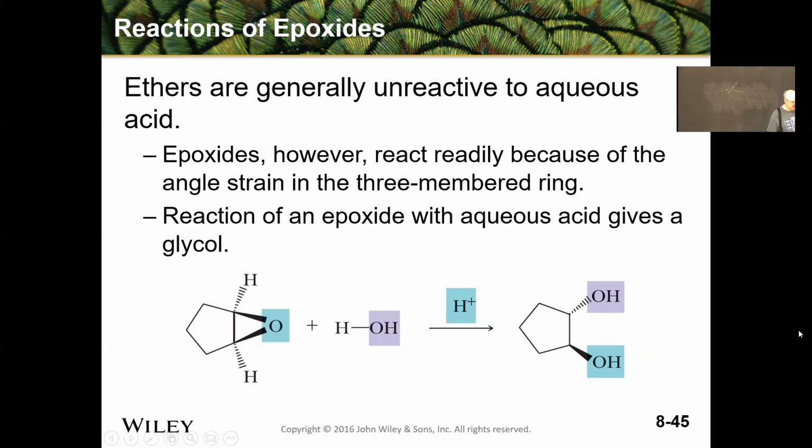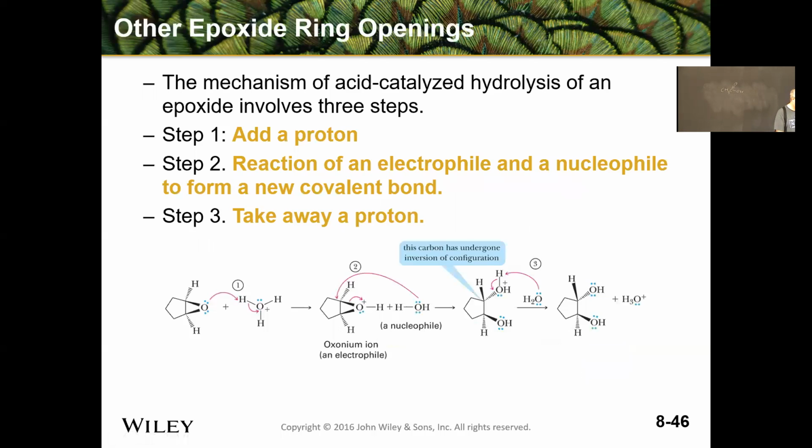Okay, notice that the alcohol groups are trans to each other. Okay, so let's take a look at the mechanism. The mechanism of acid-catalyzed hydrolysis, hydrolysis means splitting using water, of an epoxide involves 3 steps.